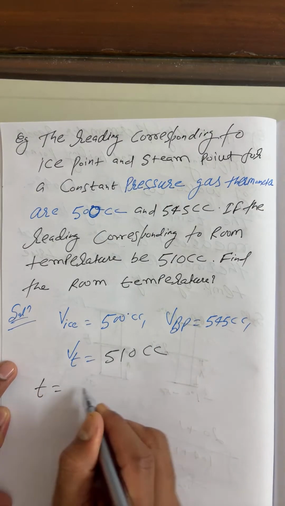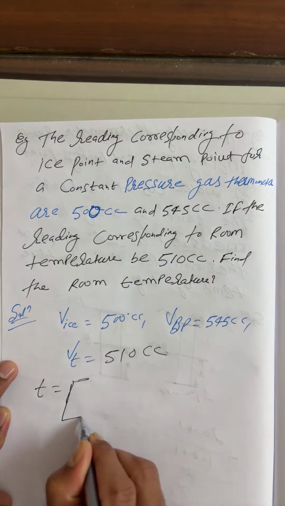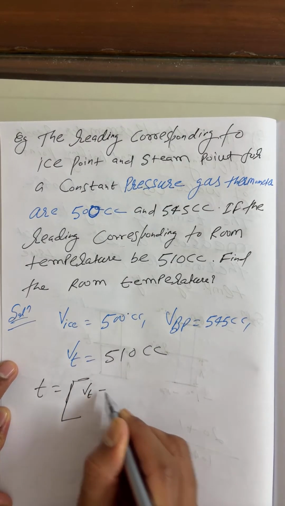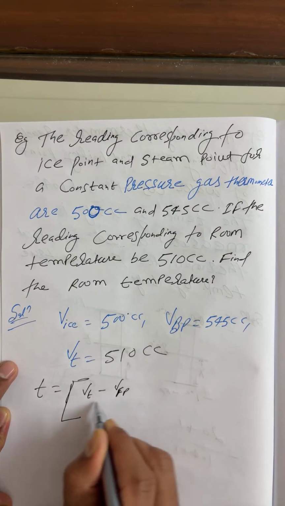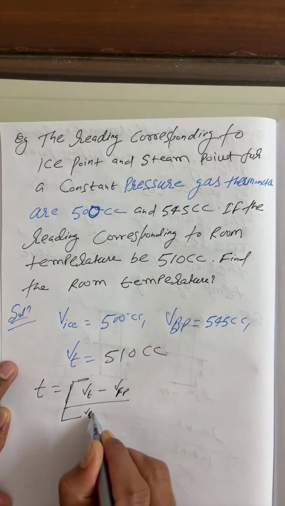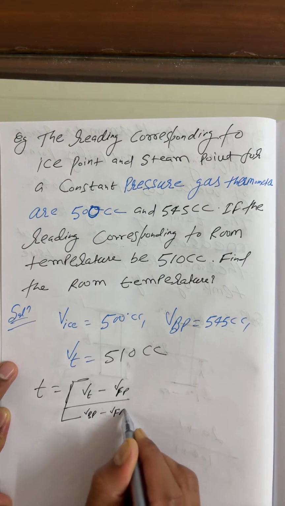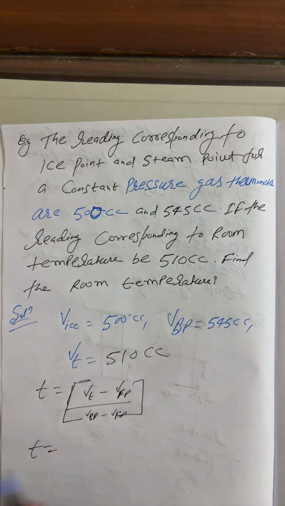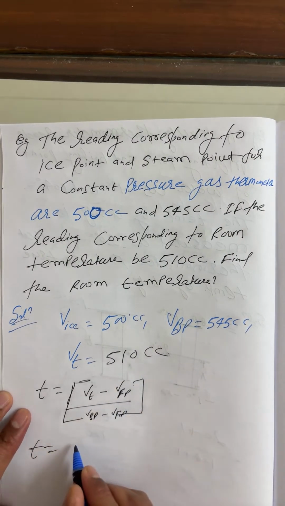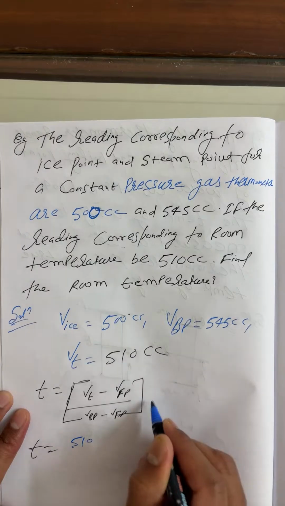I gave the temperature formula here: scale reading minus freezing point upon boiling point minus freezing point, multiplied by 100. So the temperature is 510 minus 500 upon 545 minus 500, multiplied by 100.